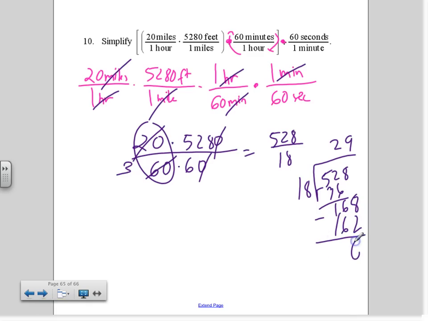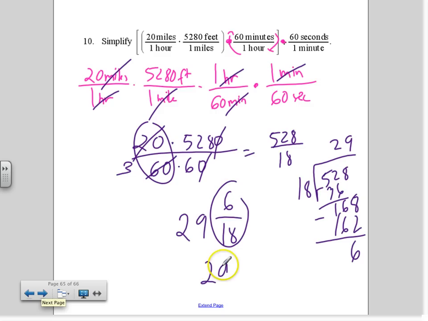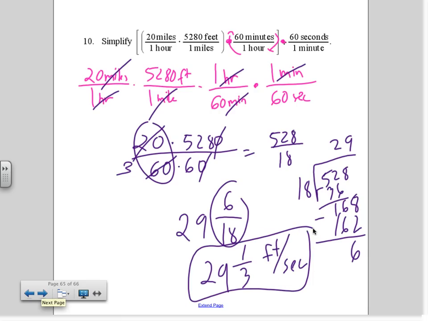Subtract it, you get 6. So that means 29 and 6 over 18, we can reduce that to 1/3. So our final answer is 29 1/3 feet per second. There it is, and that's how we do it. Done, guys. That's it.